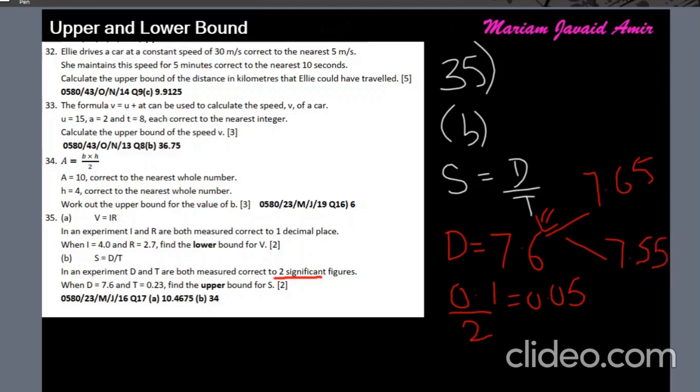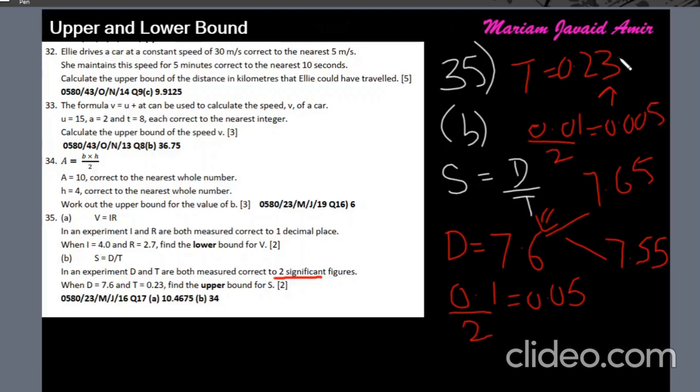Similarly for T, we have T equals 0.23. Now the second significant figure is 3, which is at the position 0.01. So divided by 2 we get 0.005.